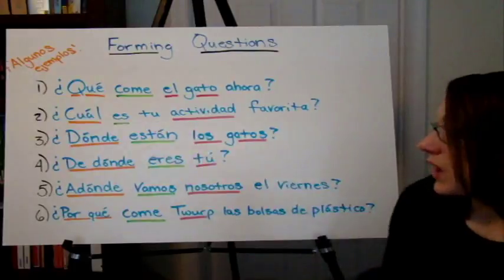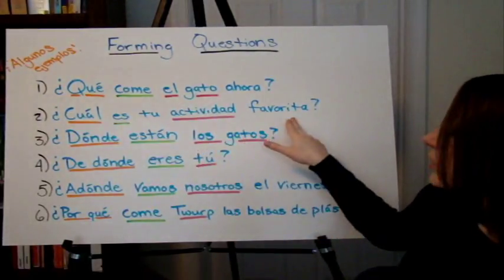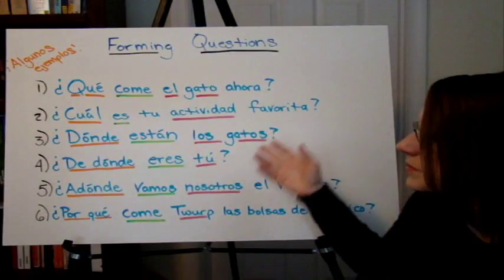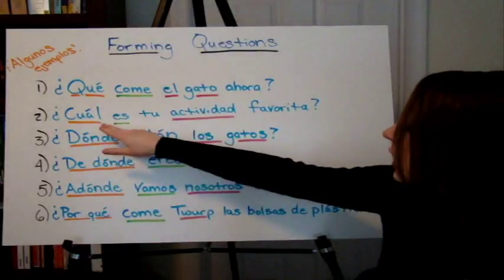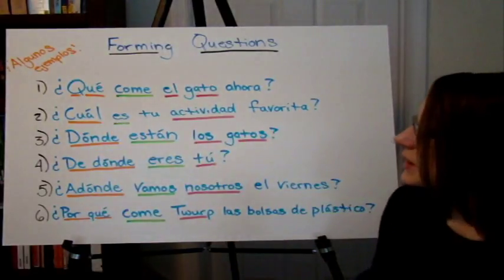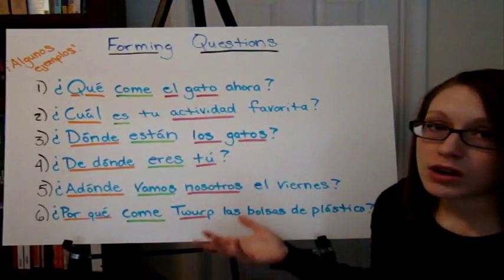So this is one of those cases. ¿Cuál es? This is the verb, this is the subject, and then the rest of the sentence. So it's kind of breaks that rule. What is your favorite activity is what that was asking. ¿Dónde están los gatos? Where are the cats?